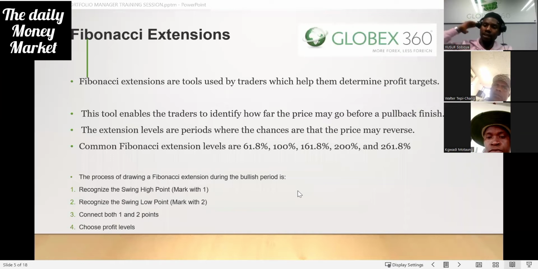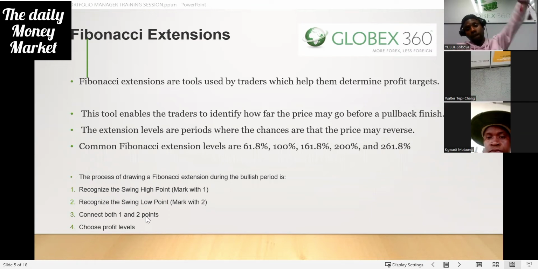You put the chart on the bigger time frame so that you can see the highest, and you're going to see the lowest at the same time. So you can now identify, even put a line to say that this is the highest of the trade, then you put a line under there, this is the lowest of the trade. Then connect both 1 and 2. So now you have to connect upper to down.